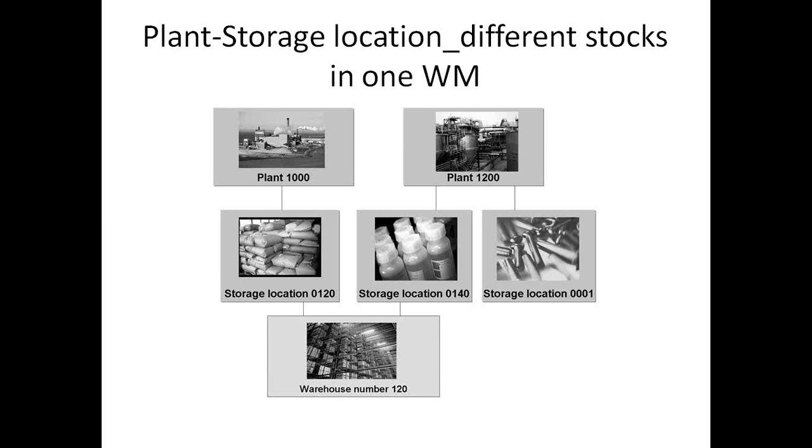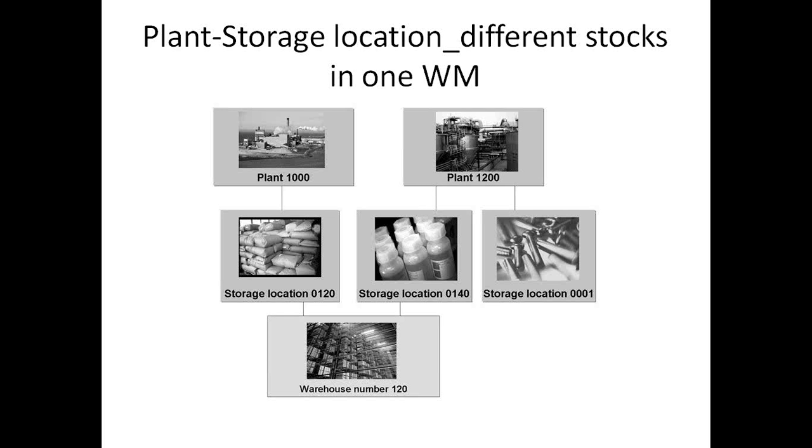So the point here is, in order to activate the warehouse management activities, we need to assign the plant and the storage location to the warehouse number. In that case, the subsequent downstream warehouse management activities will trigger.